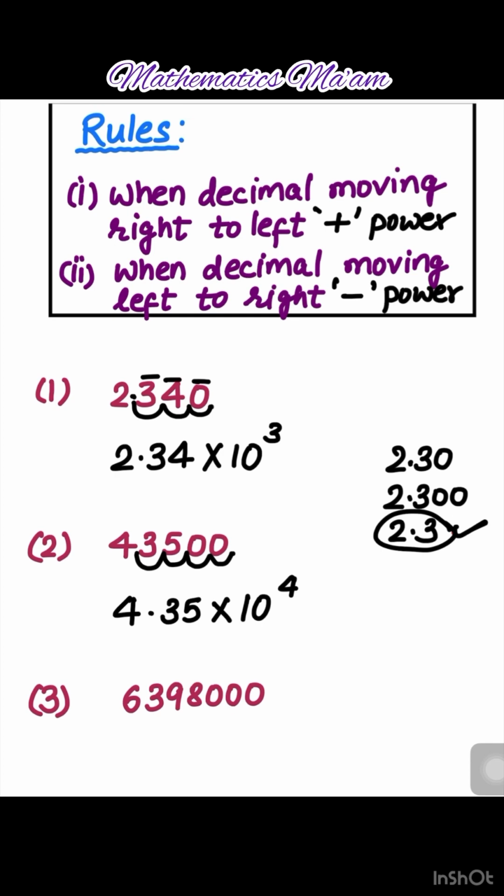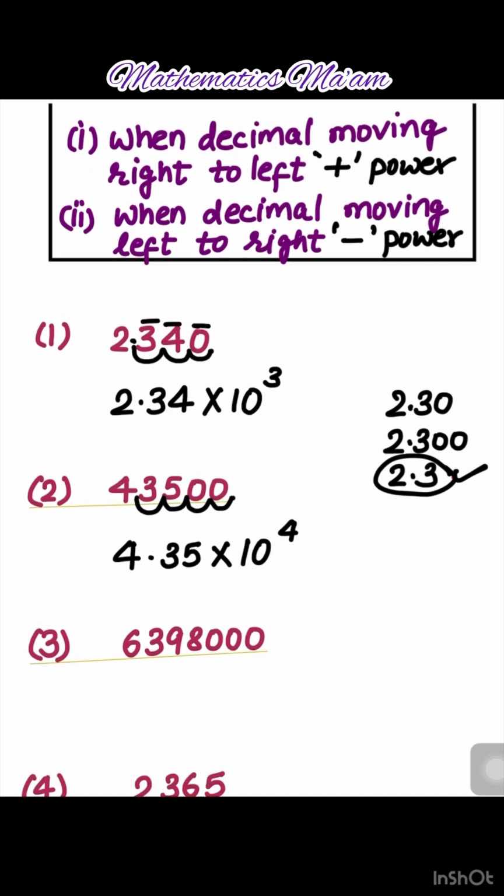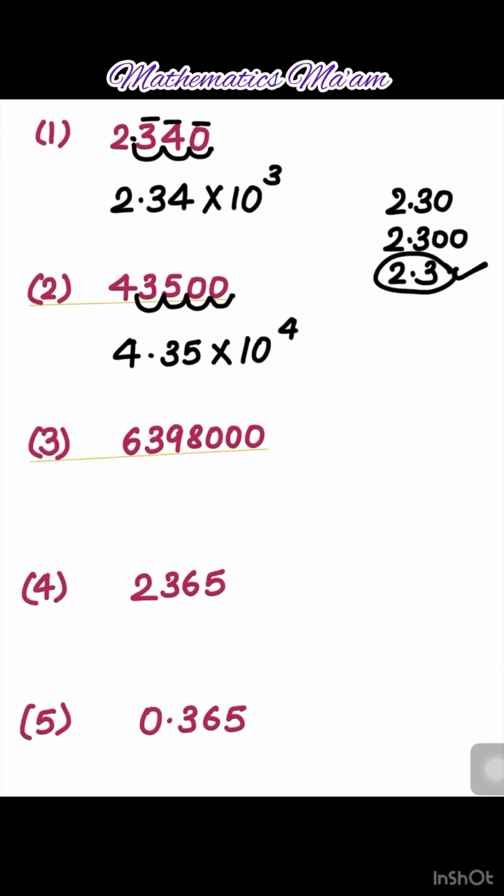Similarly, we'll see the third one. Again, I think you'll be able to solve it. You know you need to put the decimal after 6. So the decimal is at the end, like always. You have to put the decimal before how many digits? 1, 2, 3, 4, 5, 6 digits. So you will write 6.398 into 10 to the power 6, because you have moved it from right to left, so it should be positive power.